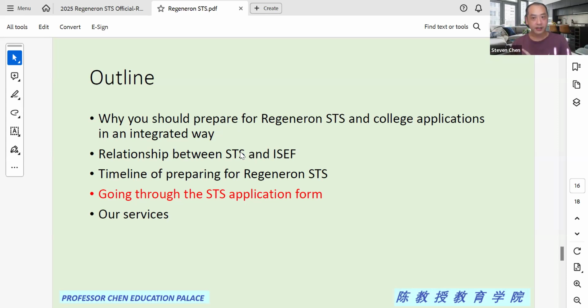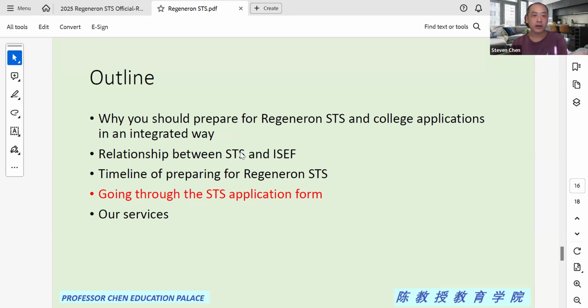In other words, as long as you submit something that is done by yourself, either a solo author paper or a collaboration with other people, but your research report should remove other people's contributions and only keep your own contribution. That is fine for STS.